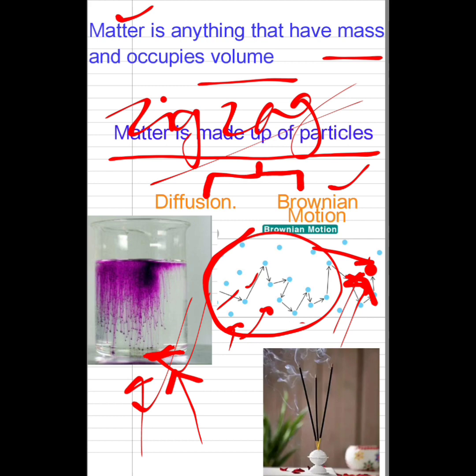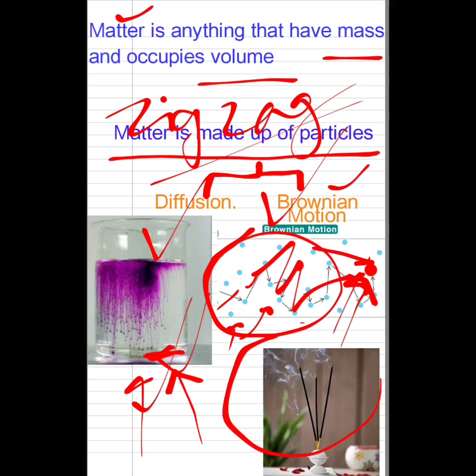Similarly, this pollen grain was found to move in a zigzag path in the entire water under microscopic vision. So he concluded that water molecules were moving in a zigzag path, that matter is made up of particles. So these are the two processes that explain that matter is made up of particles.